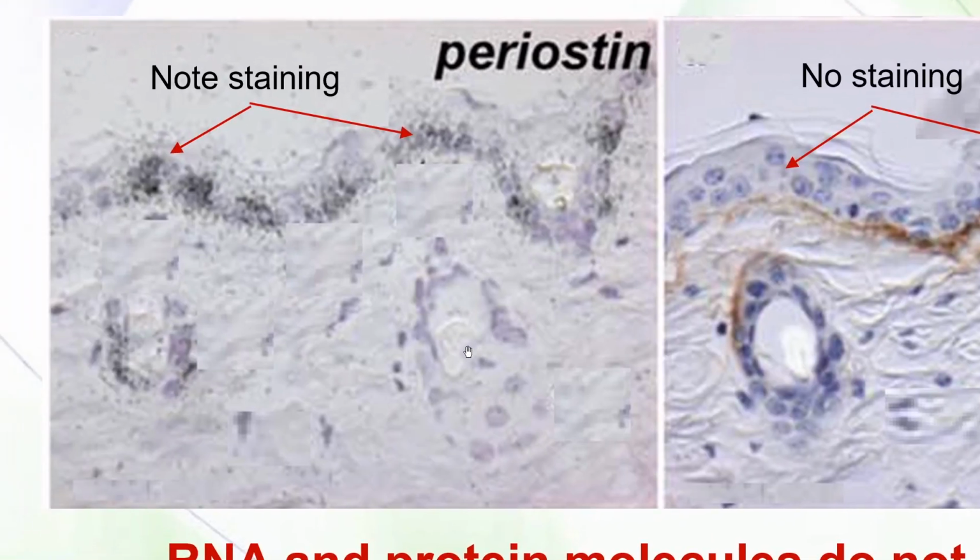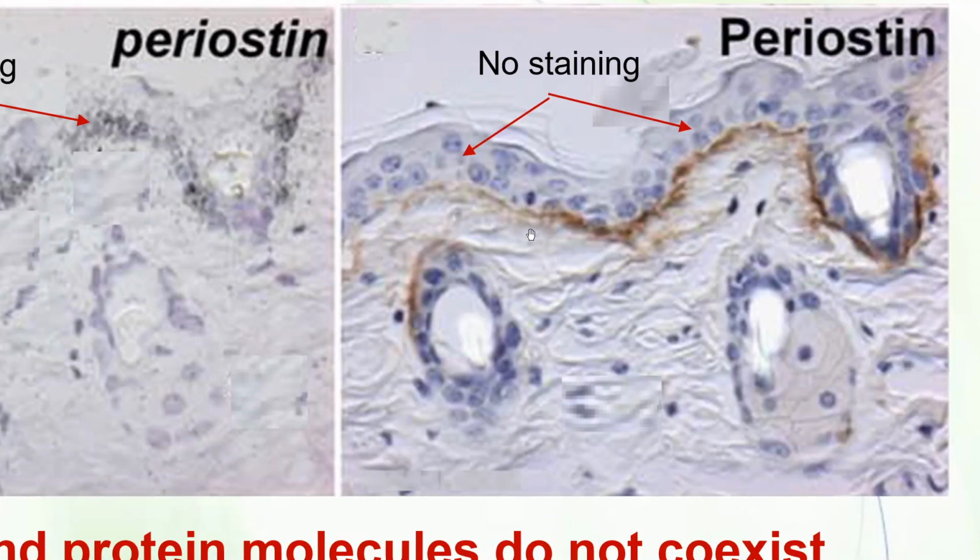It means that the messenger RNA is expressed inside cells, and these cells then secrete, they release this protein, and it gets localized, it gets embedded, it gets stored in the basement membrane. So if we only look at the protein, we would say, wait a second, where does this protein come from?